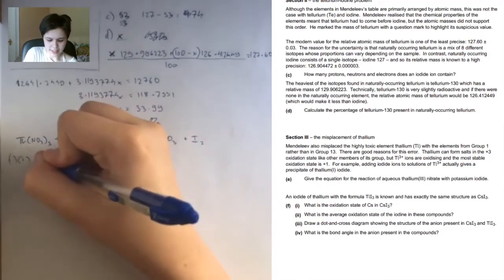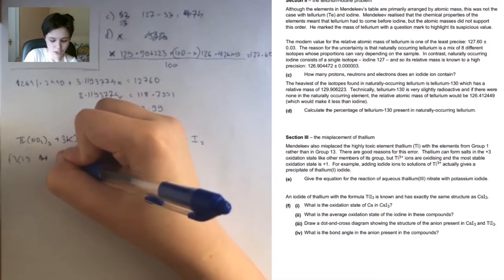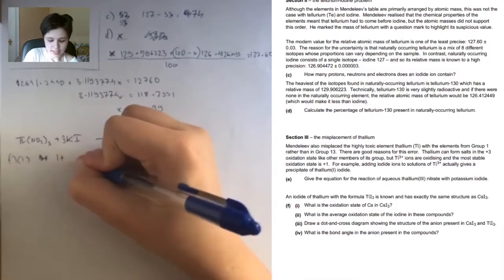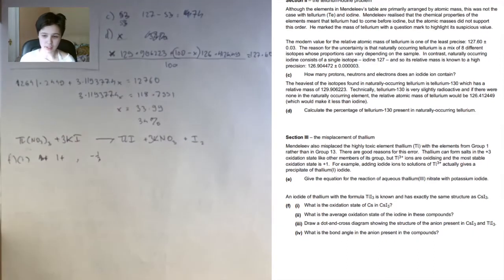This makes me think that it's a 3 plus, because I'm thinking that the iodine each have -1 oxidation state, but then if you look at the next part, it's what the average oxidation state of the iodine is in these compounds, and I'm fairly sure they wouldn't ask me that if all the iodines were 1 minus, so I'm going to instead assume that Cs is in its normal oxidation state, so +1, and the average state of iodine is therefore going to be -1/3, so that 1 minus 1/3 times 3 equals 0.